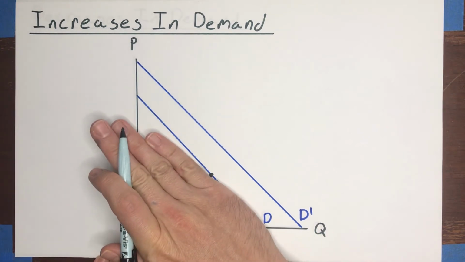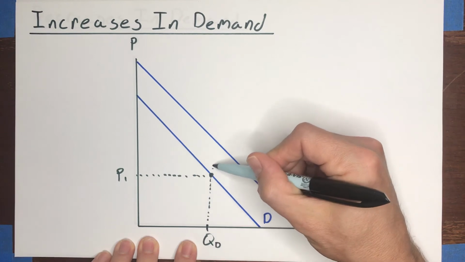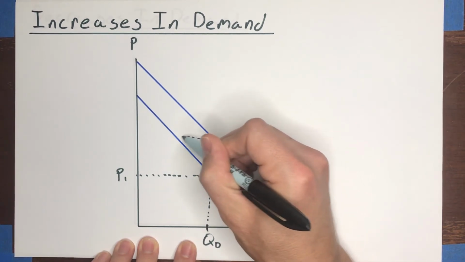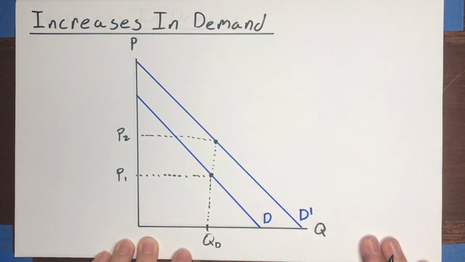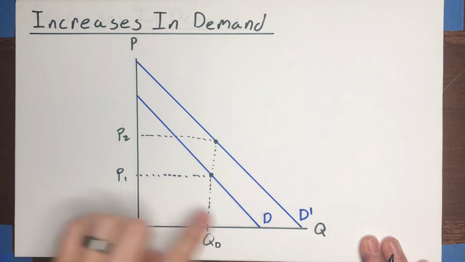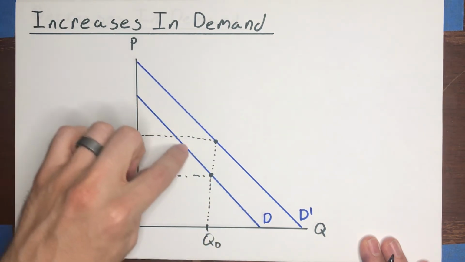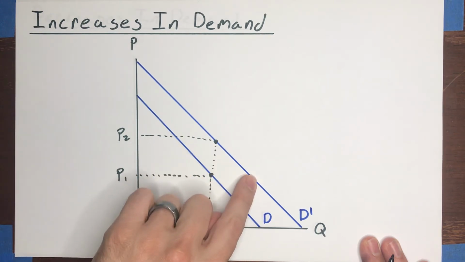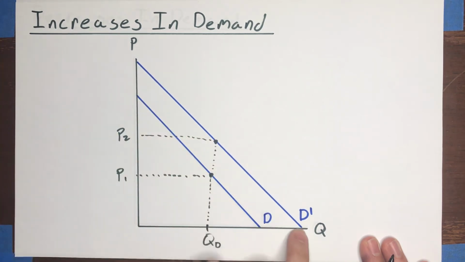But when the demand curve shifts up and to the right, it tells you that for that same quantity of units, consumers would now be willing to pay a higher price. Call that price P2. And that's true at every point along this demand curve. For any quantity on demand curve D, the price you could charge and sell all those units is higher on the second demand curve D prime.